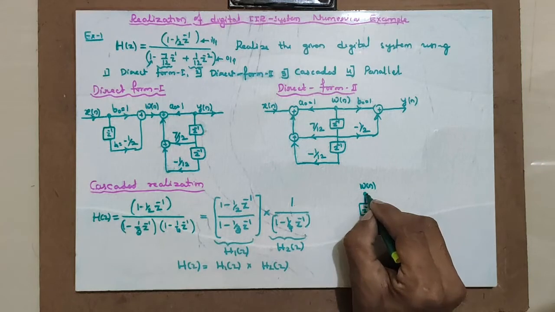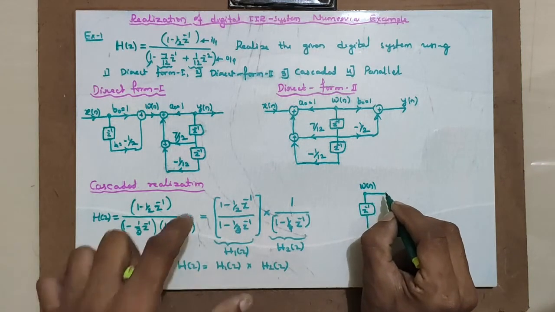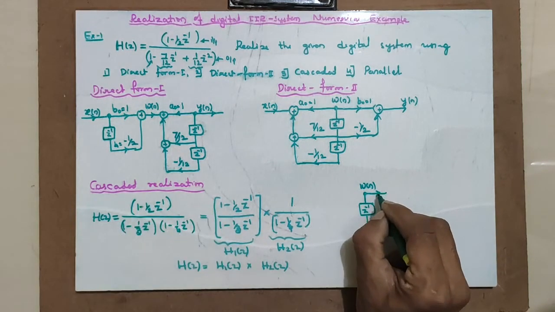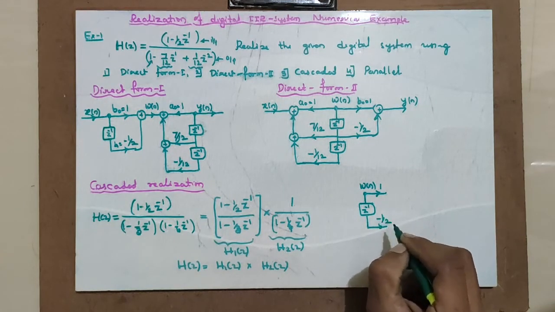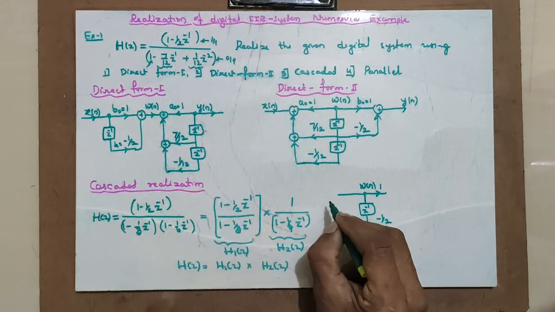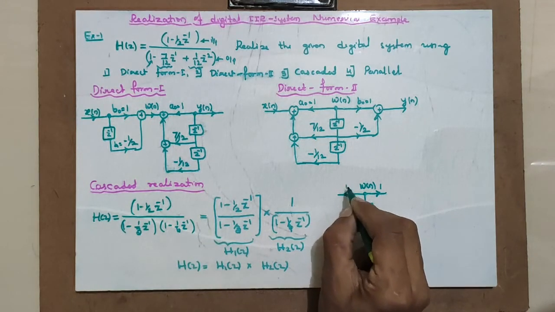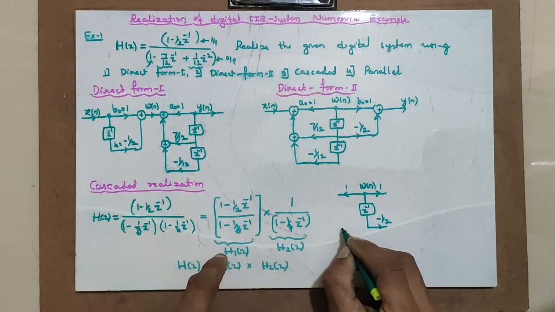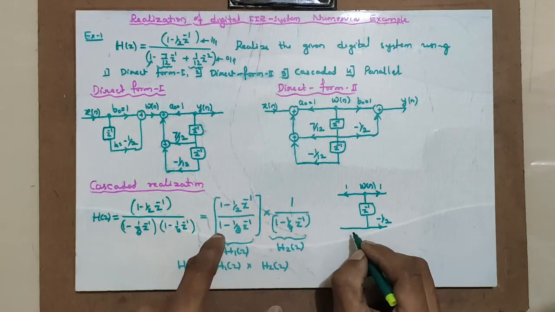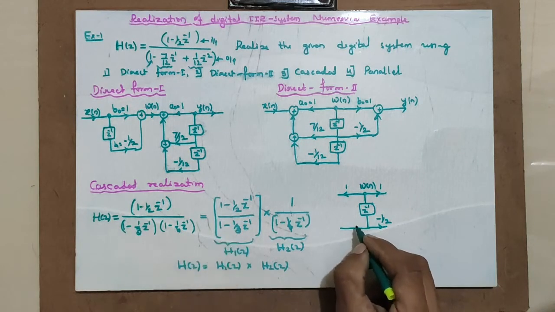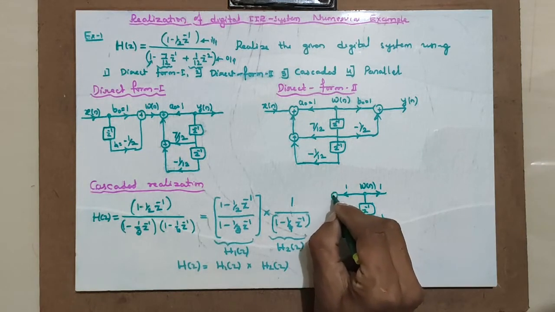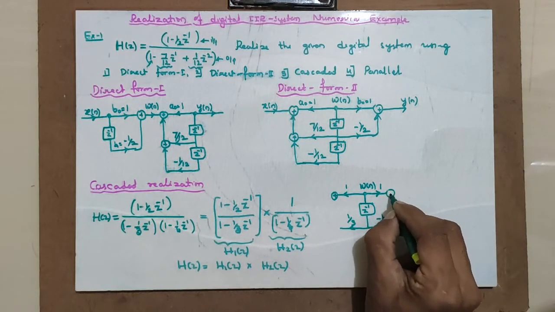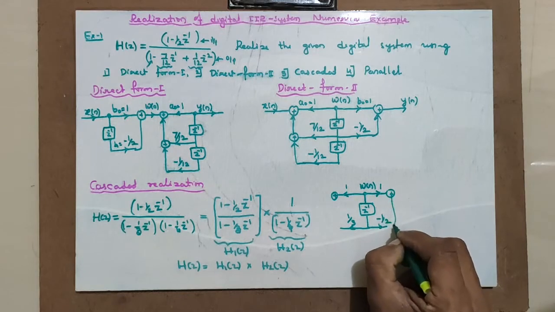On this side I will implement the numerator, that means 1, and then minus 1 by 2, and here 1. That is my a0, and then minus 1 by 3. Please keep it in mind, this point minus 1 by 3 becomes 1 by 3. This is one summing point, this is one summing point.